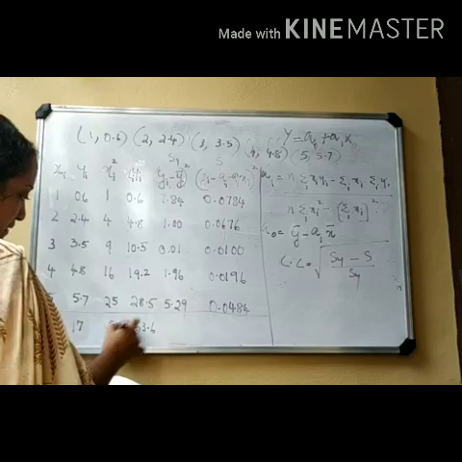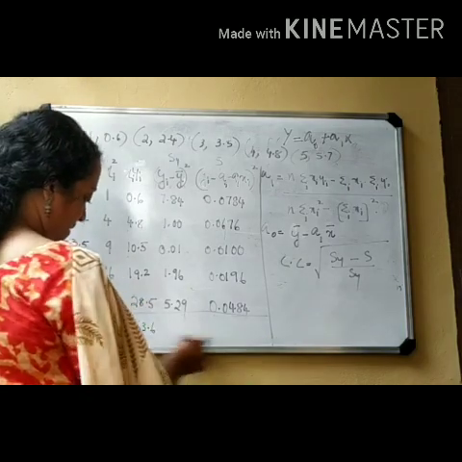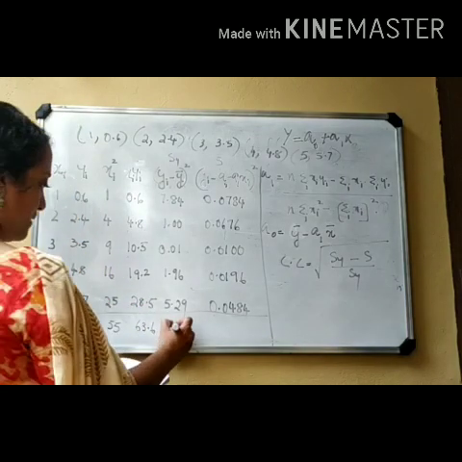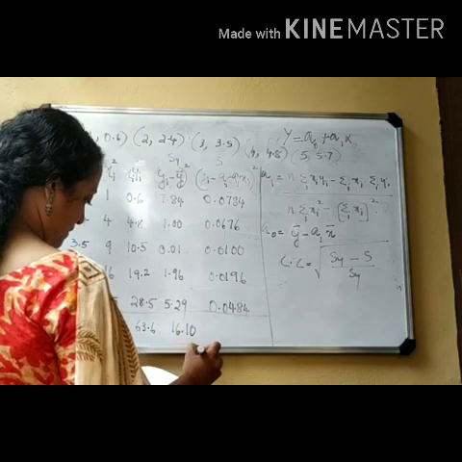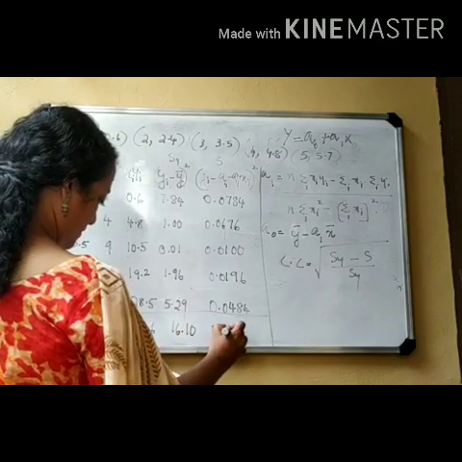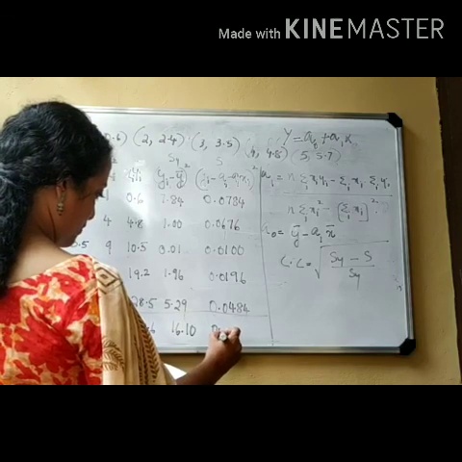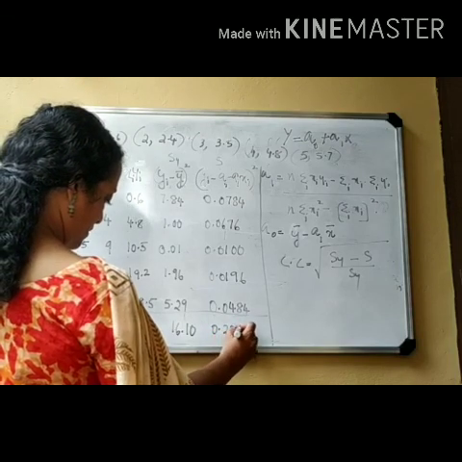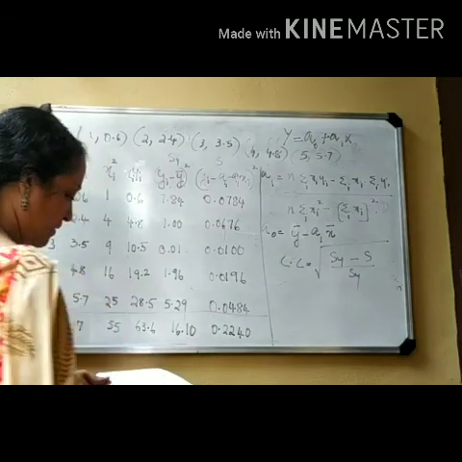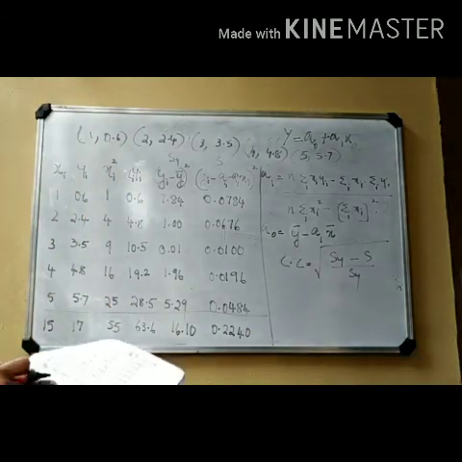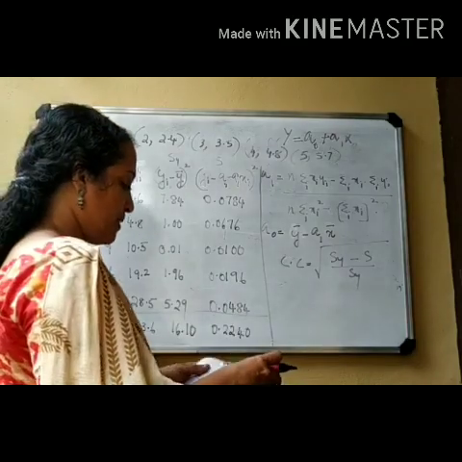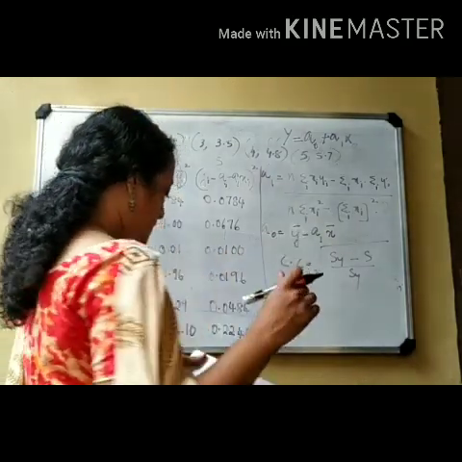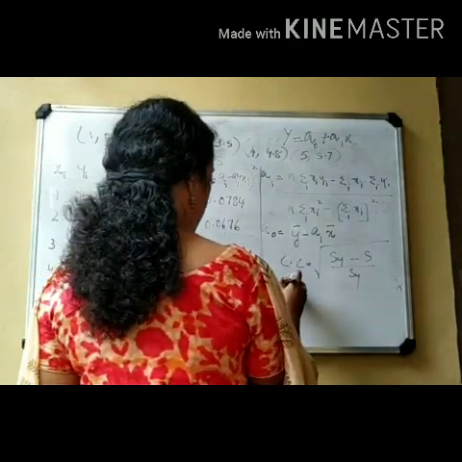So I will be writing the sum in the last step. Then 16.1, then 0.2240. These are the values we are getting.